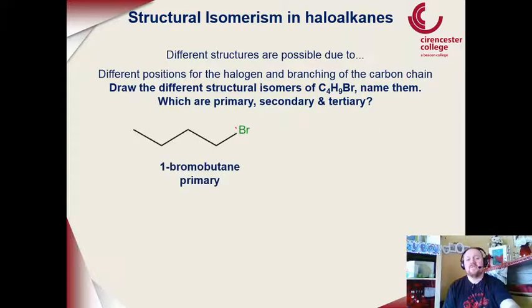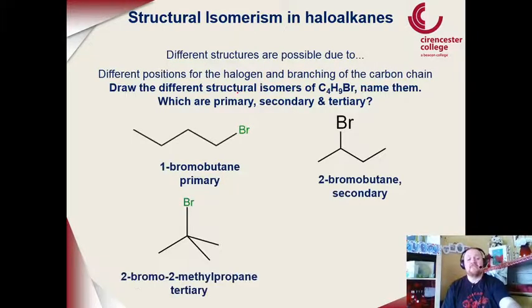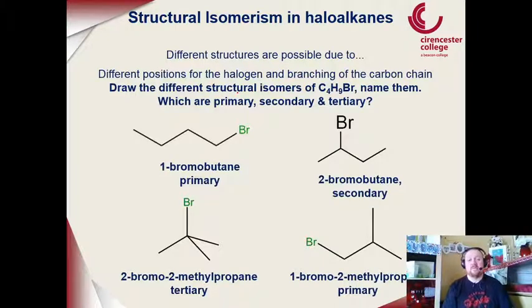It's quite obvious, but it's really important we keep revisiting it. There is going to be structural isomerism with regards to haloalkanes. What does structural isomerism mean? We have the same molecular formula, so C4H9Br in this case, but a different structural formula.